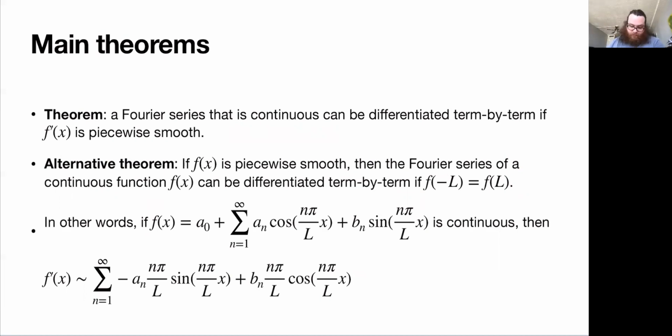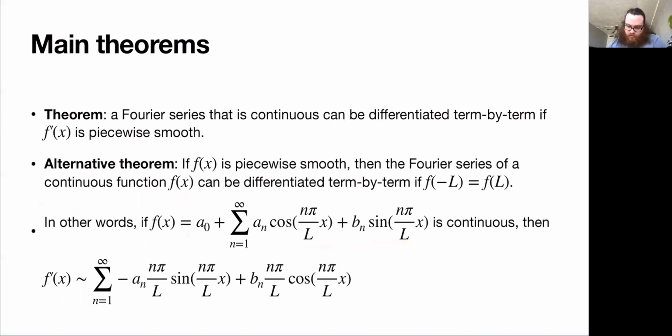And so actually written out, what does that look like? Well, if f of x is piecewise smooth, meaning you can take a Fourier series, and it's continuous, you're going to get an equality between the function and its Fourier series.